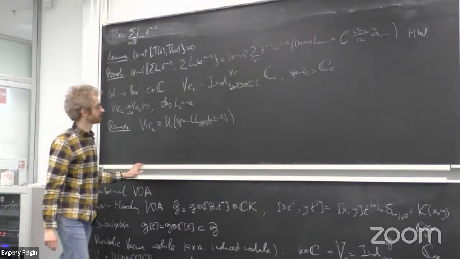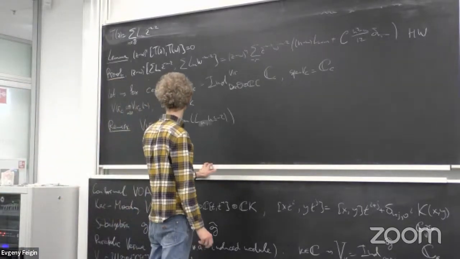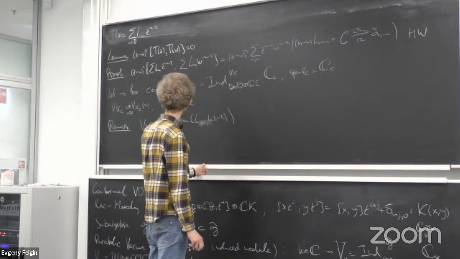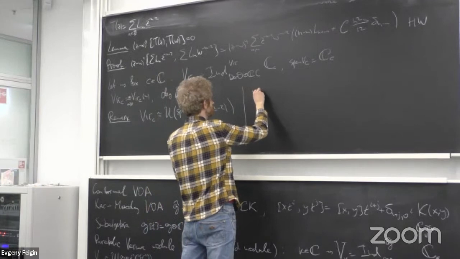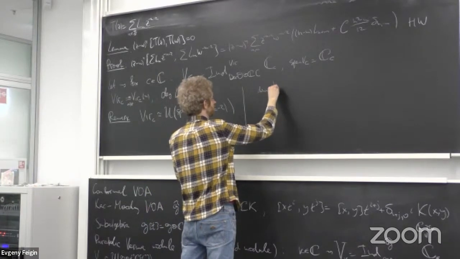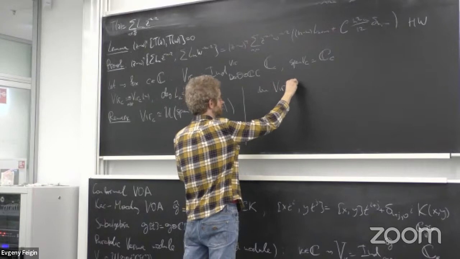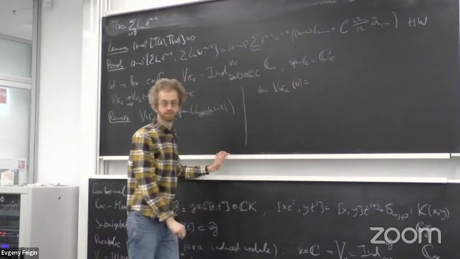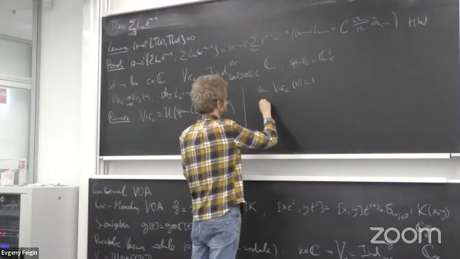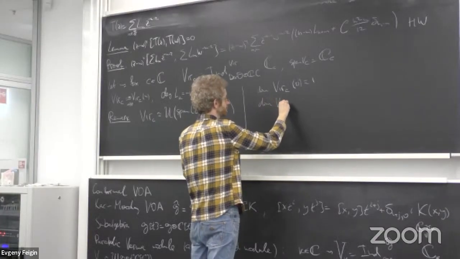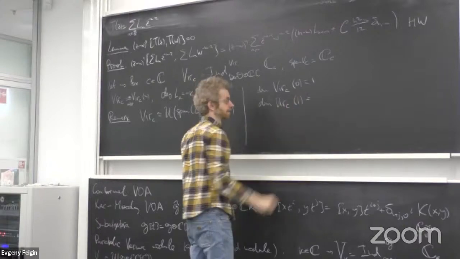Let us do the same computation as we did for the Kac-Moody case. Please let me know what is the dimension of Vir_c in degree 0. It's 1. And then the dimension of Vir_c in degree 1? 0.